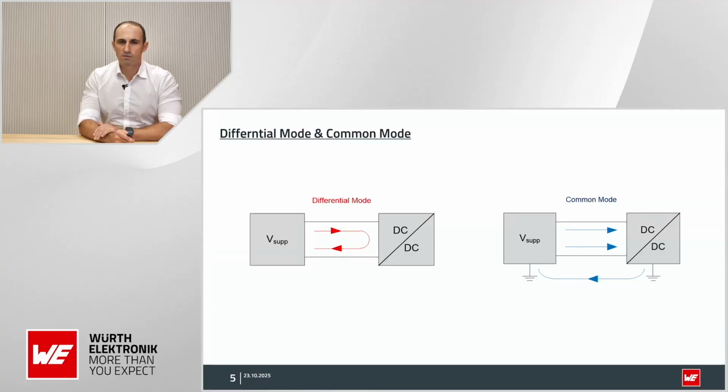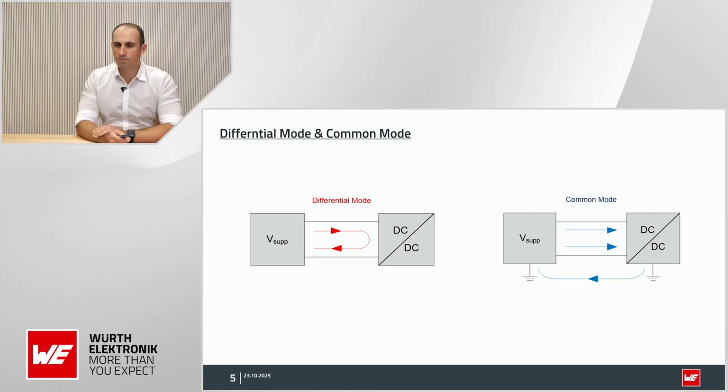The sources of interference: there are two main interference sources in three-phase applications like ours and many other applications. We have differential mode, where the current is only traveling between plus and minus, or L and neutral, or L1, L2 between the phases.